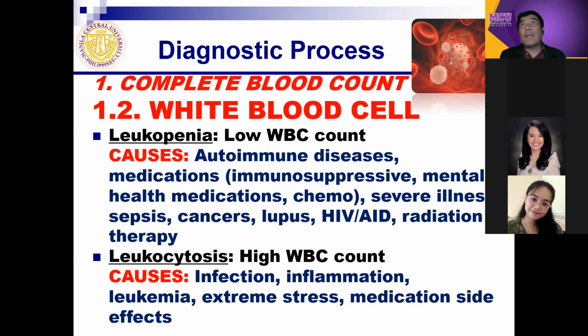So how about naman if we have high WBC count? For high WBC count po, there are two major considerations that we can consider. Ang patient natin ay may infection, the patient may have inflammation, the patient may possibly have leukemia.